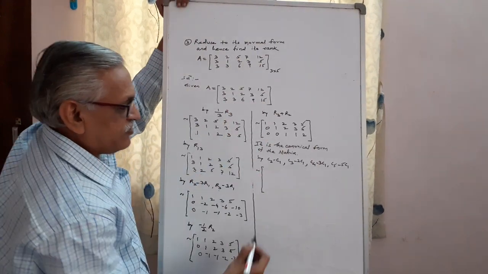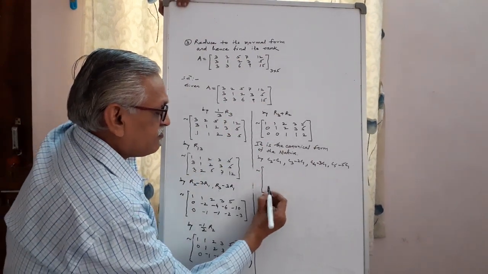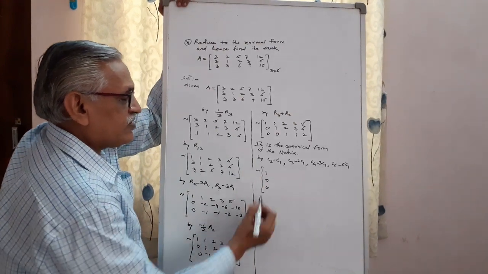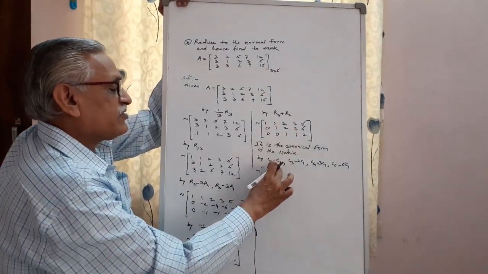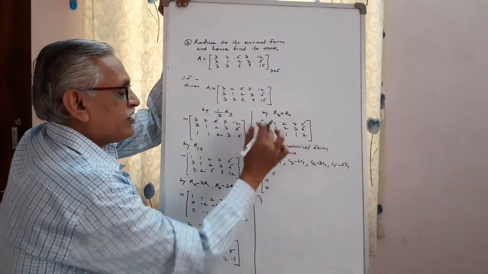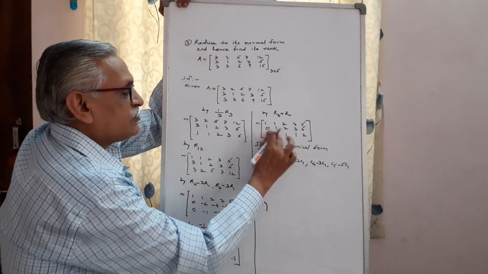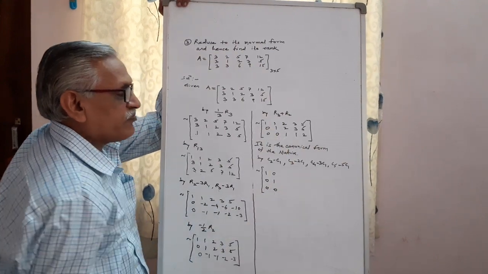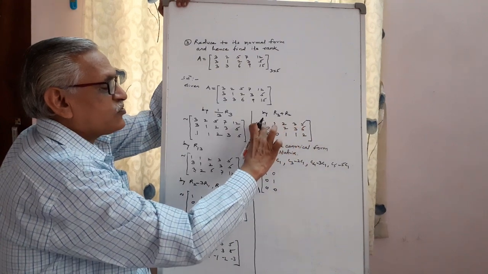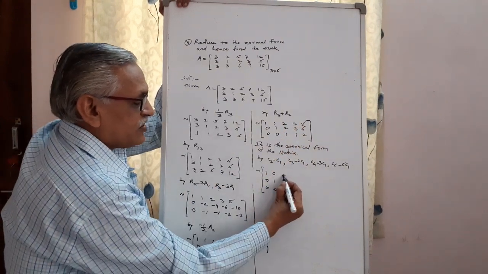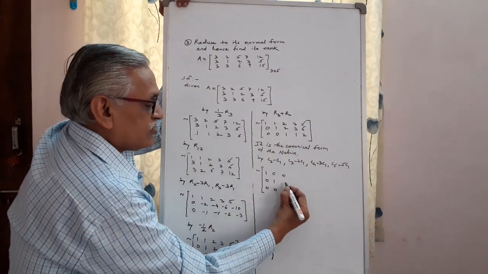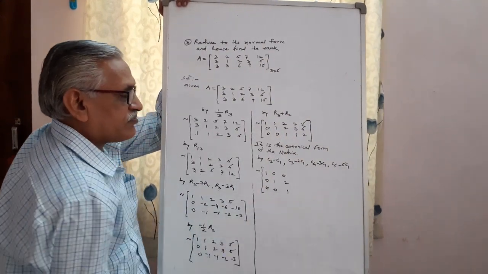We write column-wise. First column no change, 1 0 0. Then applying C2 minus C1: 1 minus 1 is 0, 1 minus 0 is 1, 0 minus 0 is 0. Then applying C3 minus 2 C1: 2 minus 2 times 1, 2 minus 2, we get 0 here, and this 2 as it is, as these are 0, 2 1.